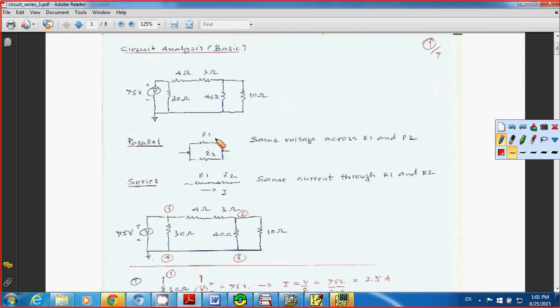And the currents flowing through R1 and R2 might be different, or the same if R1 and R2 are equal. Now in series, you're going to have the same current flowing through resistor R1 and resistor R2, and the voltage drops across R1 and R2 are different, or can be the same if R1 and R2 are the same.